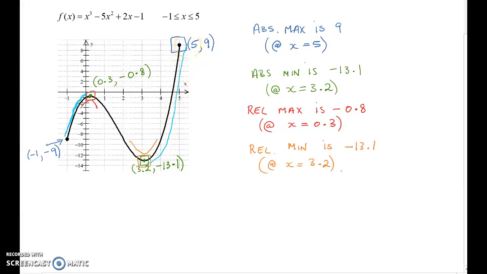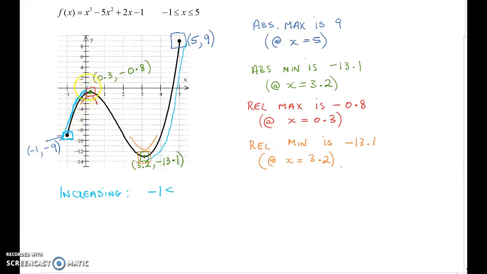Okay? The way we write that is a little bit counterintuitive. We're interested in where the graph is climbing, but we actually give our answer in terms of the x coordinates. So it starts climbing at this point, where the x coordinate is negative 1. And it continues climbing until we get to this point, where the x is 0.3. And we write that as negative 1 is less than x is less than 0.3.